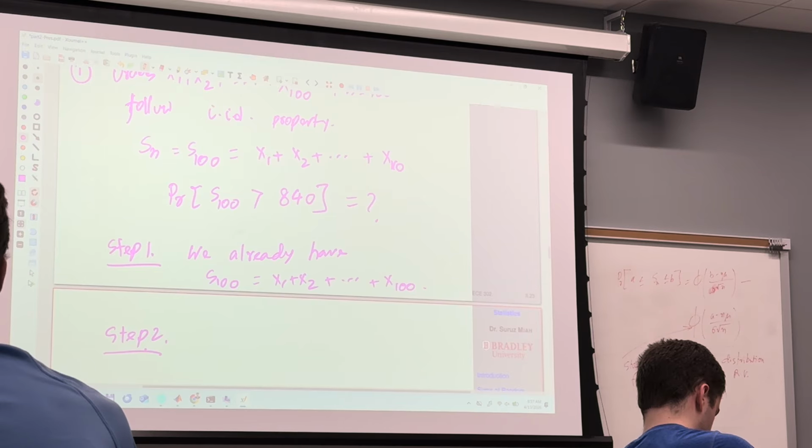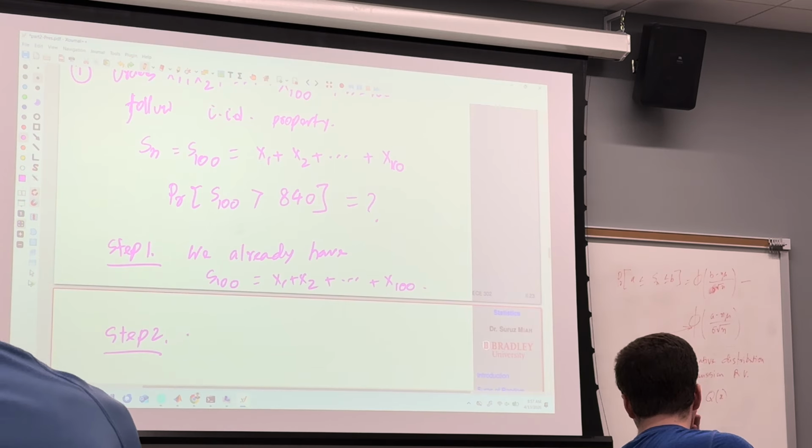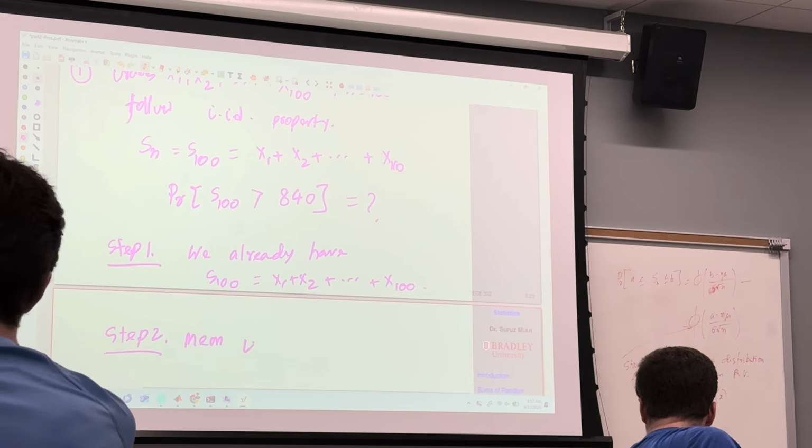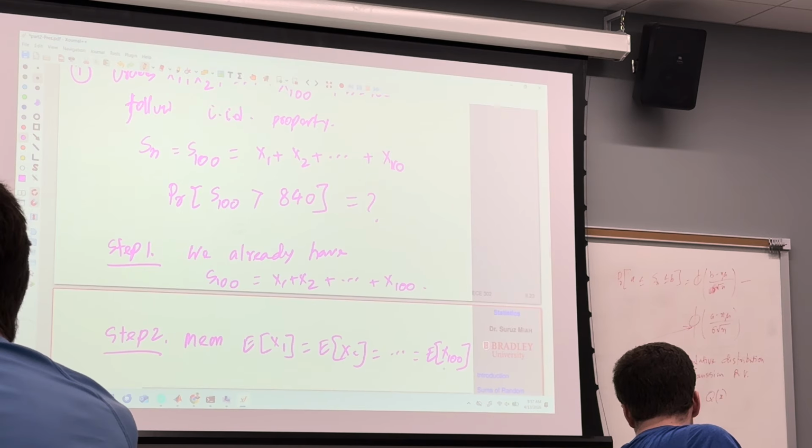Step 2: compute the mean and variance. The mean E of x1 equals E of x2 equals dotted equals E of x100.